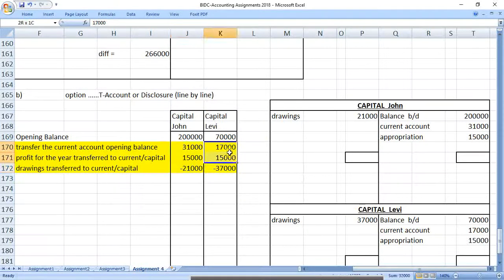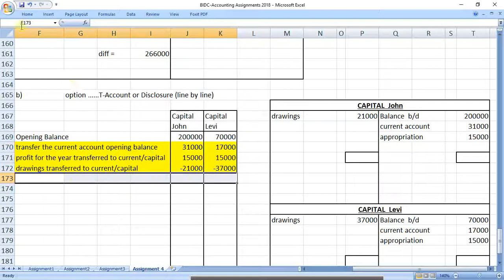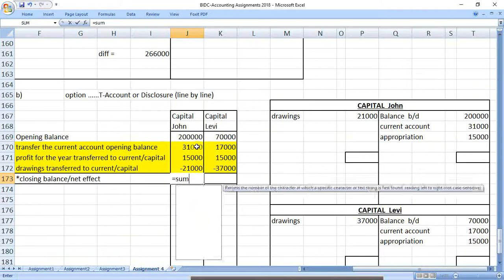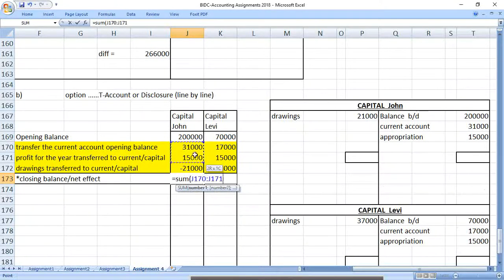If I add up all of this, that gives me the 5,000. So all of those three amounts give you this working total. So this you could have said asterisk closing balance / net effect. I'm just showing additional workings here. This you don't have to show, I'm just showing you for understanding.